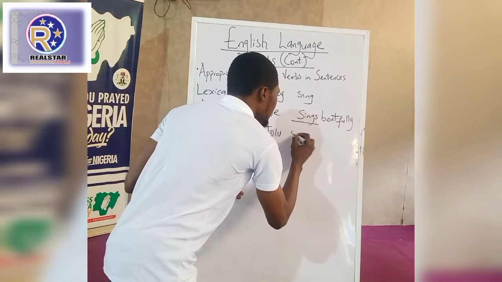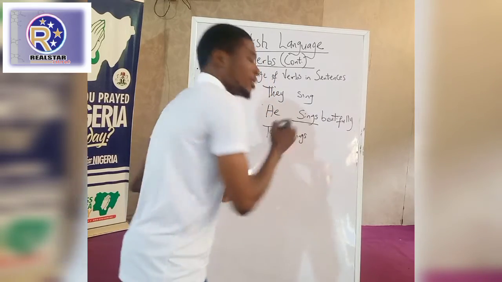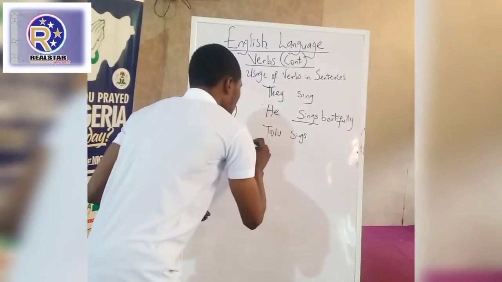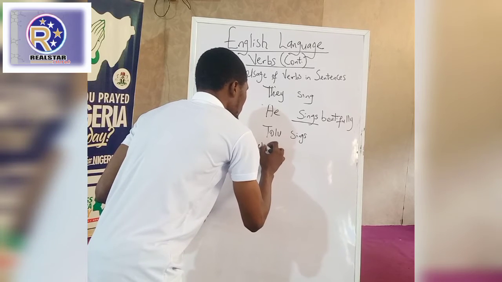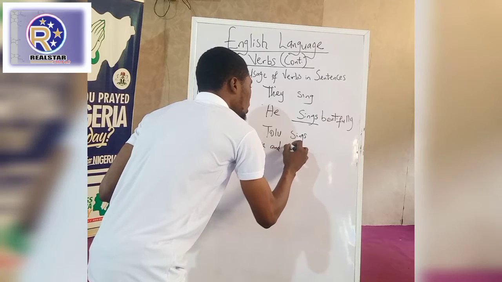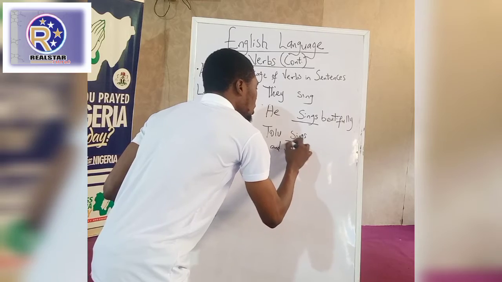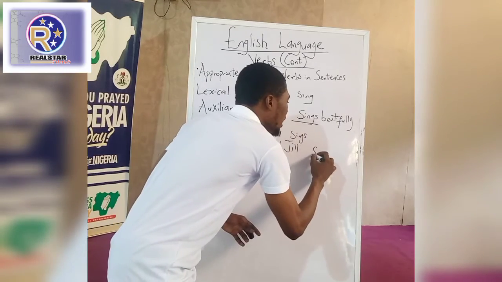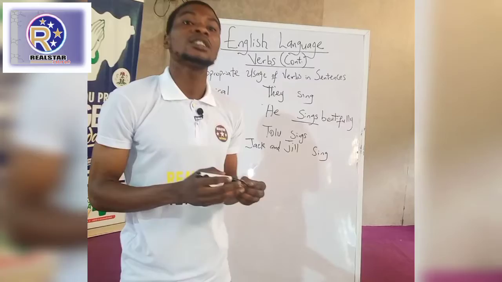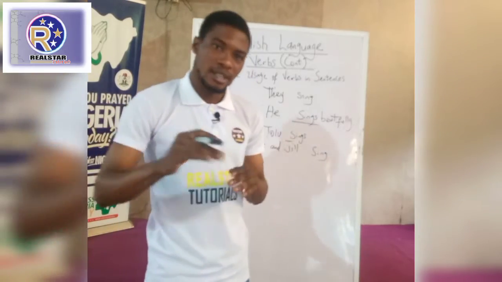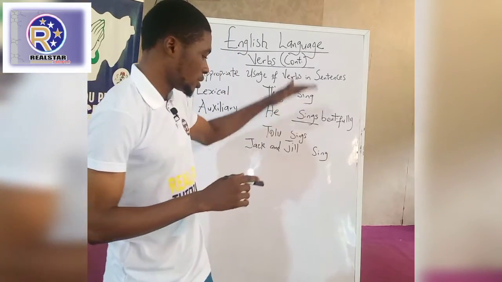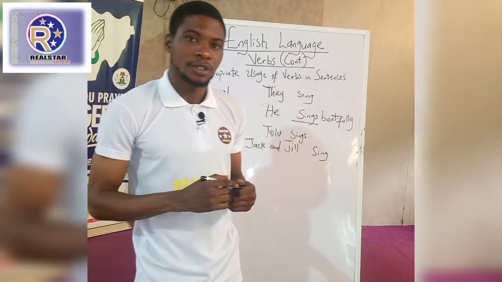Tolu sings. But if there were two, say Jack and Jill, it will be sing. So Jack and Jill sing, but Tolu sings. So that is that with lexical verbs.